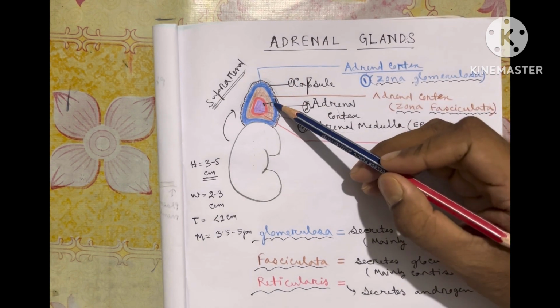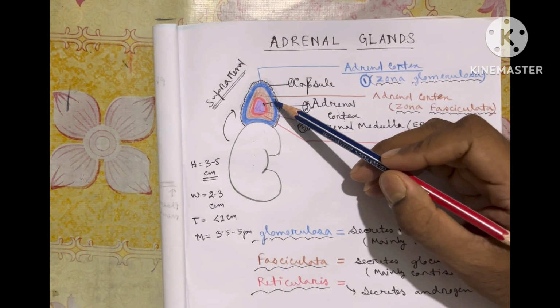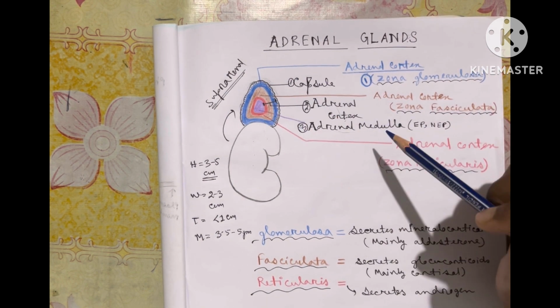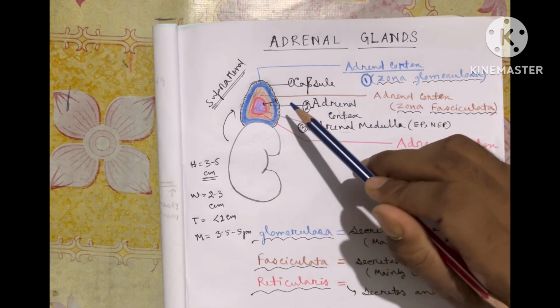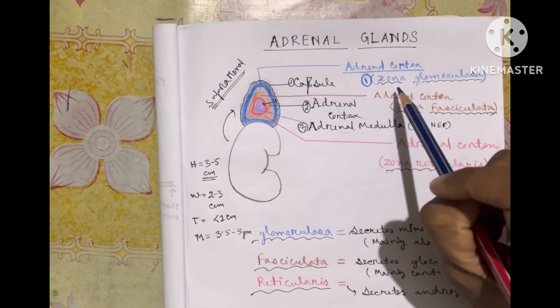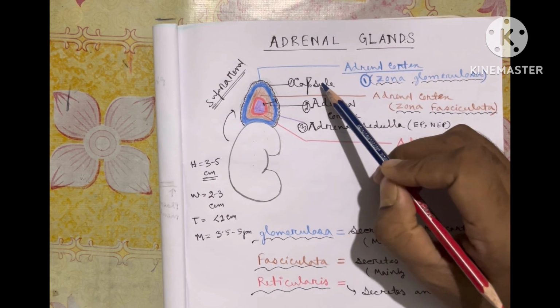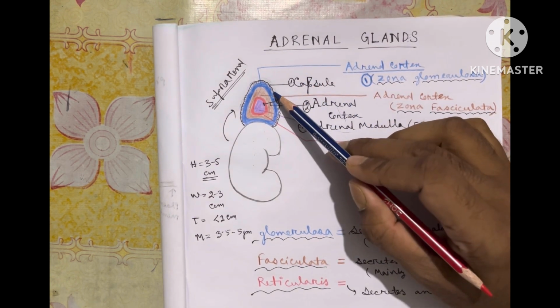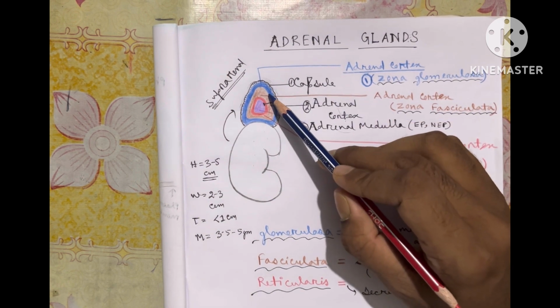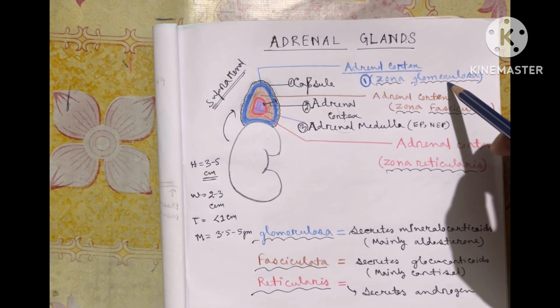It is the first layer of the adrenal cortex from outer to inward direction. After removing the capsule, which we are not considering here, the first part we come across is the zona glomerulosa.